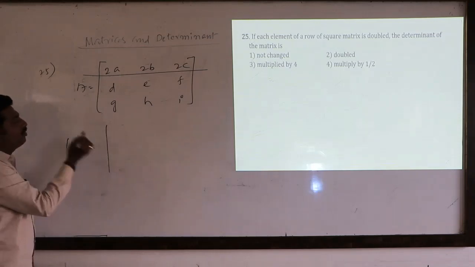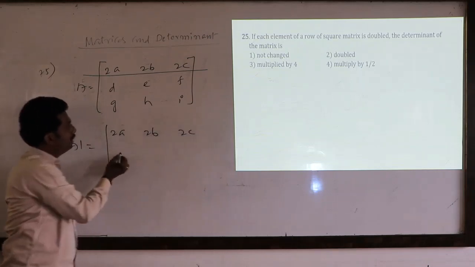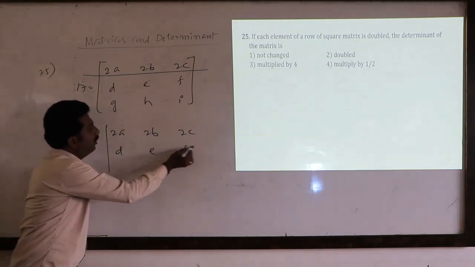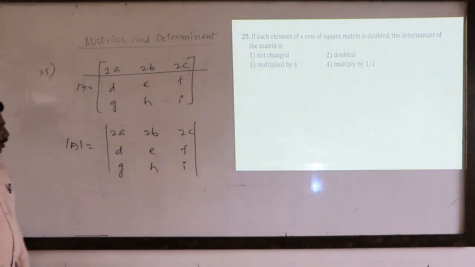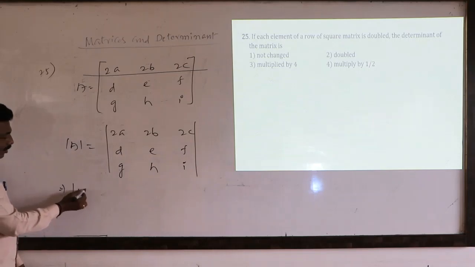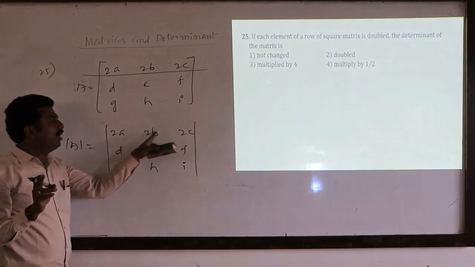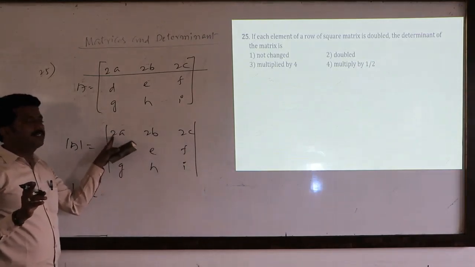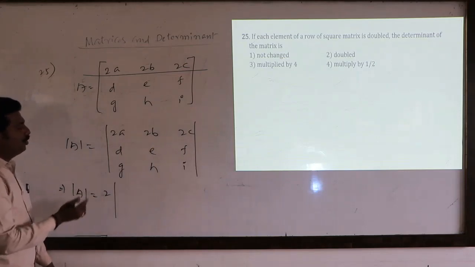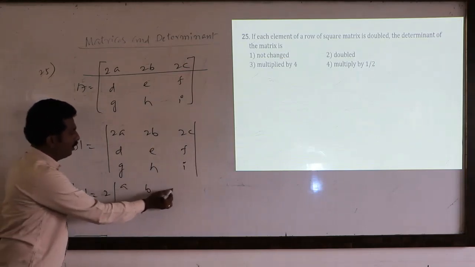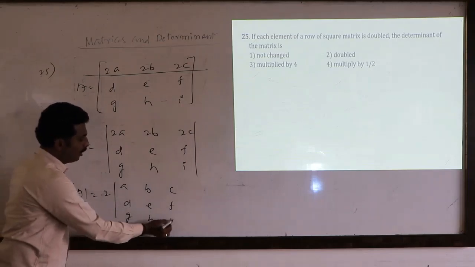So what is the determinant of A? It is the determinant of the matrix with rows 2a, 2b, 2c; d, e, f; g, h, i. By one of the properties, if all the elements in any row or column are multiplied by k, we can take k common. So it is 2 times the determinant of a, b, c; d, e, f; g, h, i.